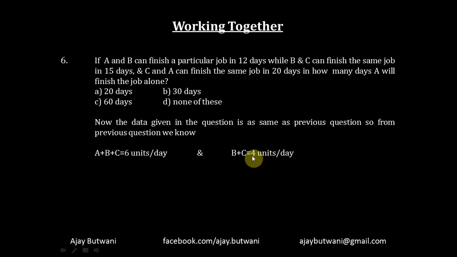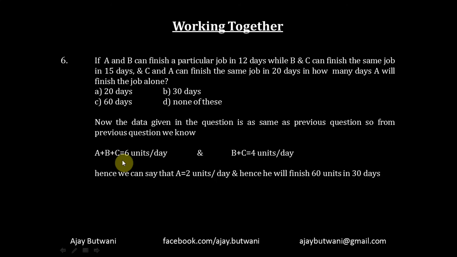So if I put this 4 for B plus C, I am going to get A equals 2 units per day. Now as I know my total job was 60 units, with the speed of 2 units per day, A will be finishing the work in 30 days. Isn't it? We can apply the same for B also and for C also.